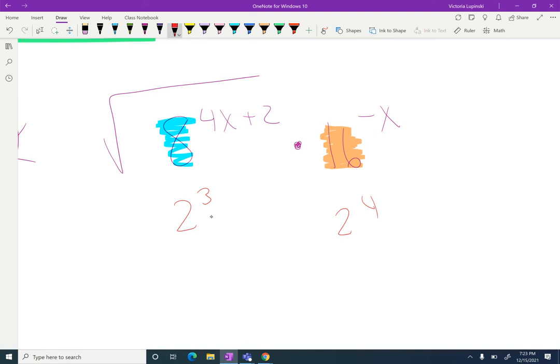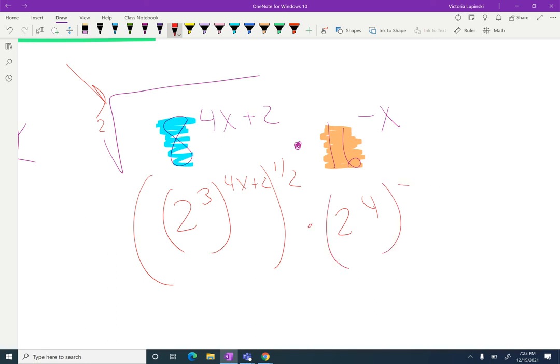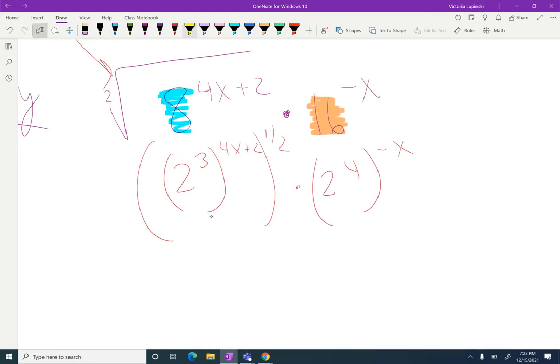So this 8 that's now 2 to the third, you also have to be sure to raise this to the 4x plus 2, which is also raised to the 1/2, because this square root is technically index of 2. Then times 2 to the fourth, now to the negative x. So in each of these instances, a power to a power, you're going to multiply these.